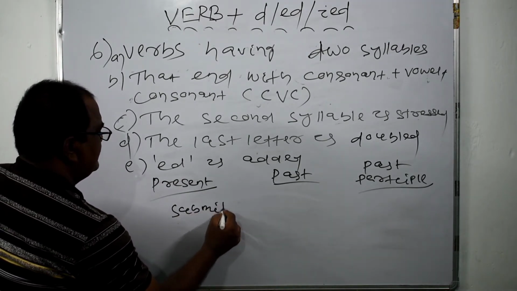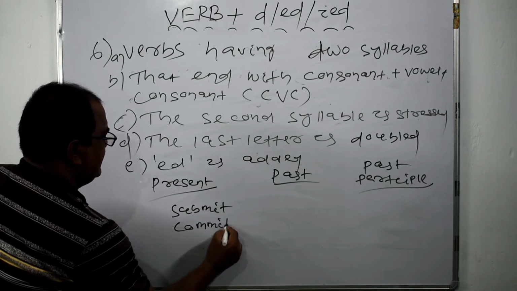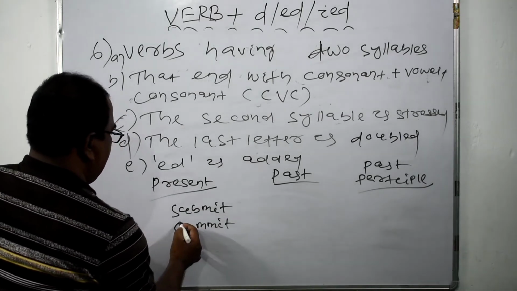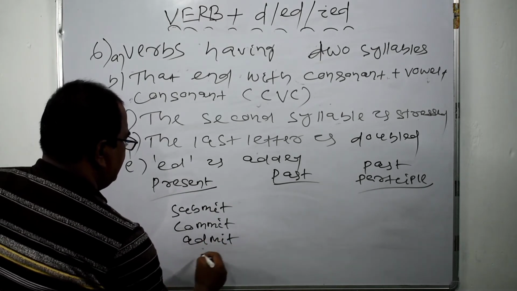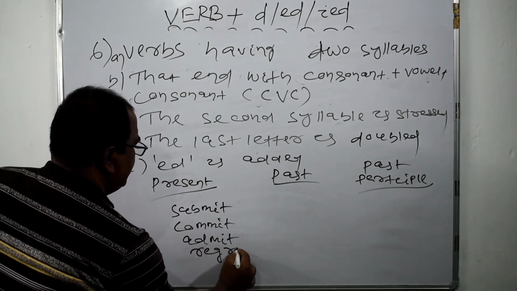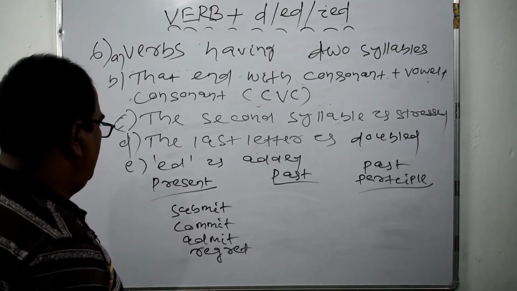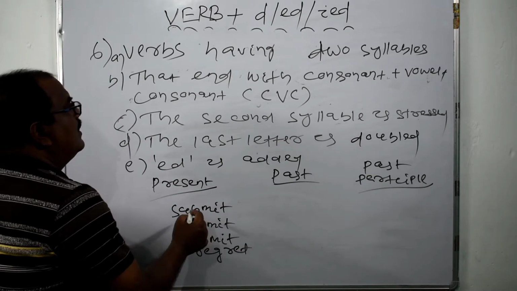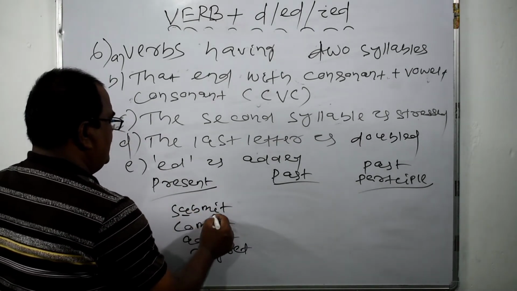Submit, commit, admit, regret. Look at the verbs. Now, this verb contains two syllables, 1, 2.